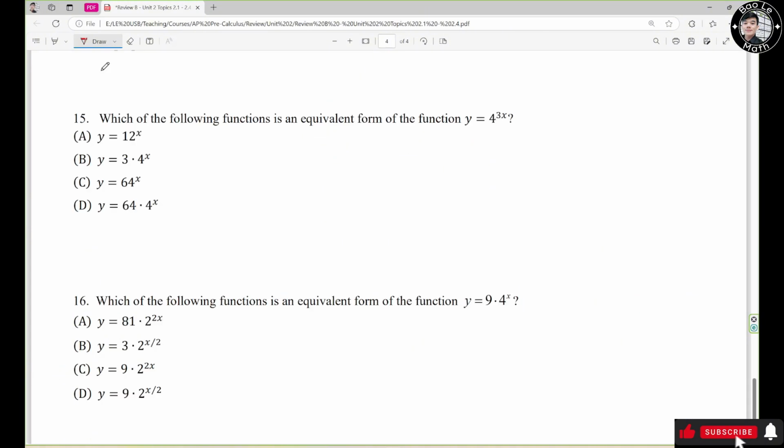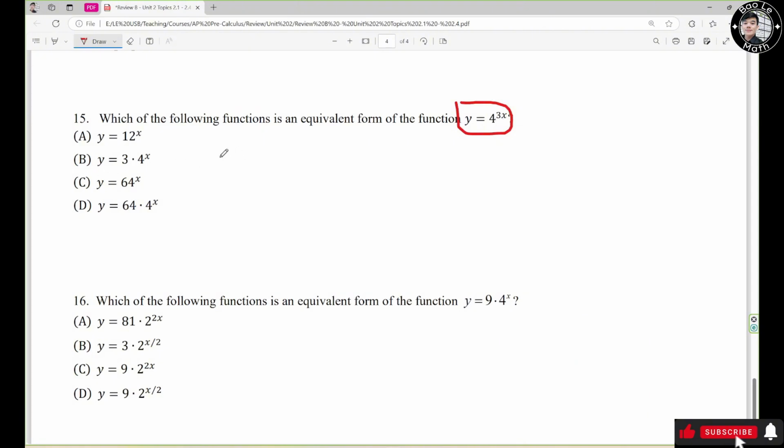Now let's move on to question number 15. Which of the following functions is an equivalent form of the function y equals 4 raised to the 3s? This is actually exponential manipulation, so you just manipulate this one.